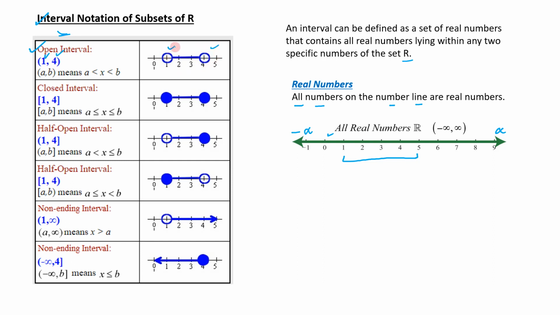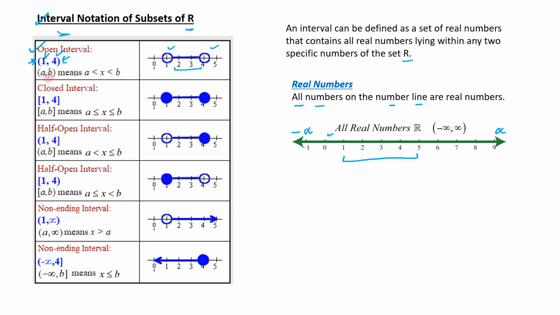Here we see that the numbers 1 and 4 have not been shaded. This means that in case of an open interval, the endpoints 1 and 4 are not considered, but all the numbers lying between 1 and 4 are taken as a subset of R. These simple brackets on both sides mean that the interval is open.